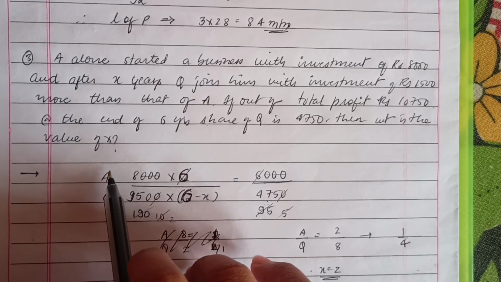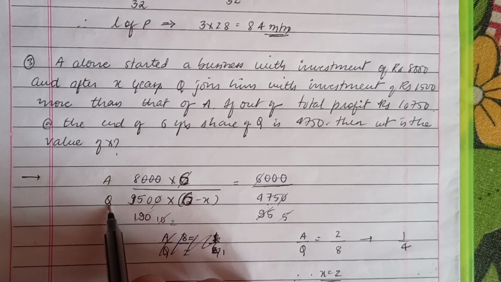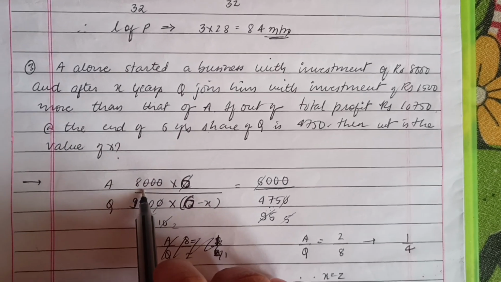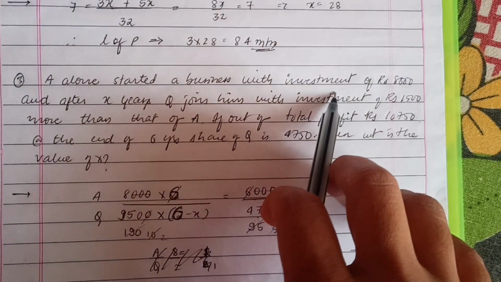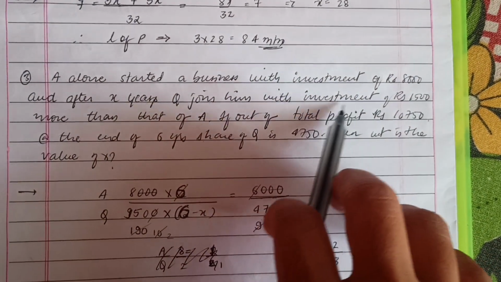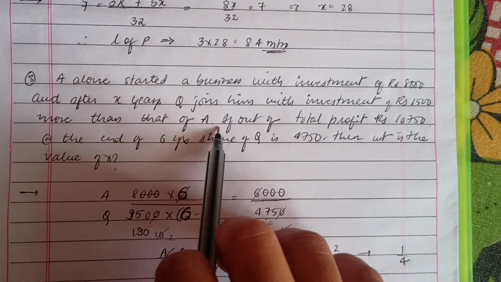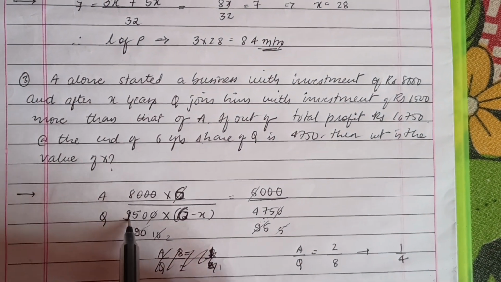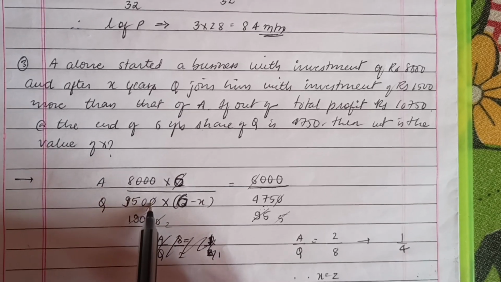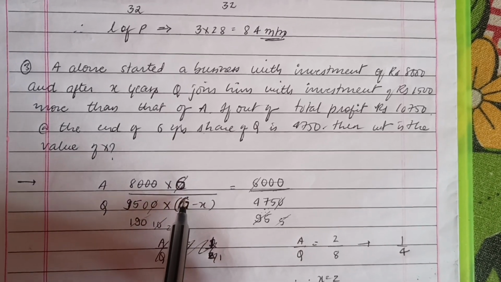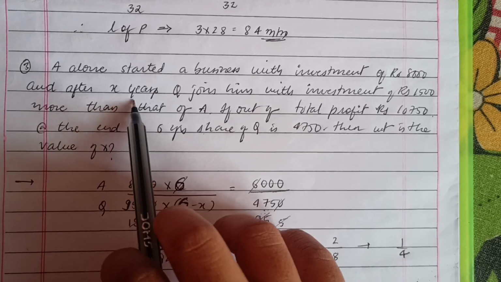So here there are two people, A and Q. A is going to invest 8,000 for 6 years. Q's investment is 1,500 more than that of A, meaning 8,000 plus 1,500, which is 9,500, and this will be invested for 6 minus X years, because Q joins after X years.